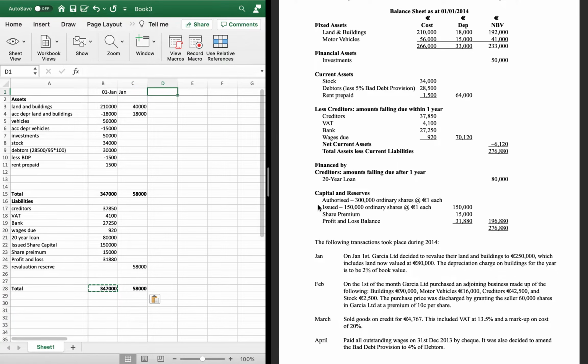So that's January. February, that's probably the most common one. You buy a new business, and how do we deal with that? So it's just the creation of goodwill. So on the 1st of February, Garcia purchased an adjoining business made up of the following: buildings 90,000. So buildings go up by 90,000. Vehicles go up by 16,000.